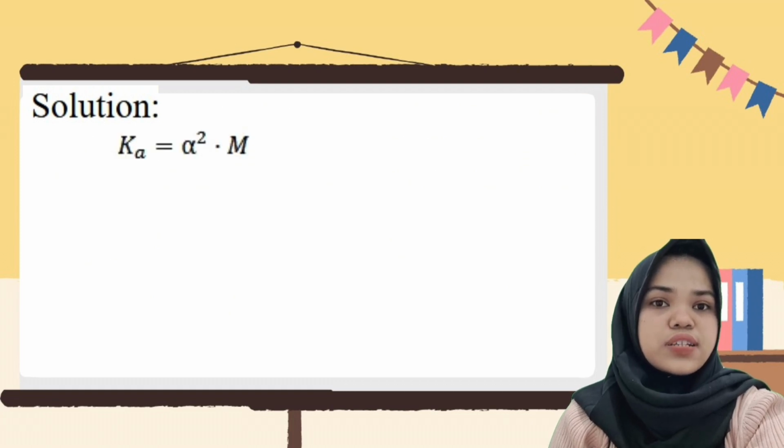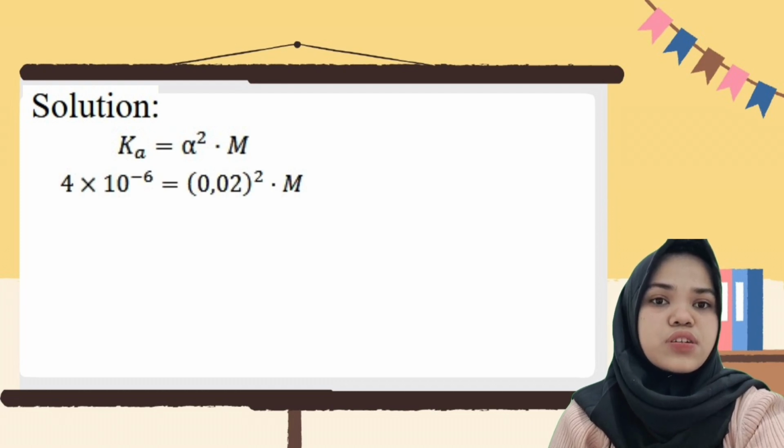Ka equals alpha squared times M. 4 times 10 to the minus 6 equals 0.02 squared times M. 0.02 squared is 0.0004, or 4 times 10 to the minus 4.